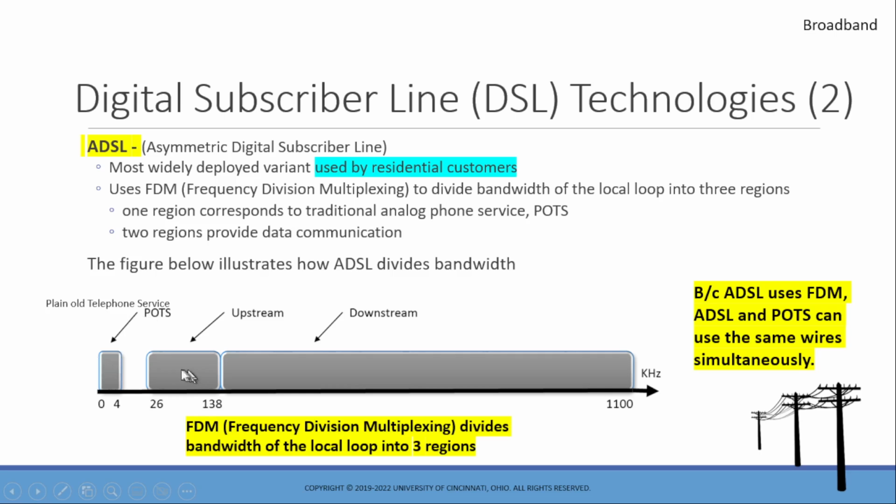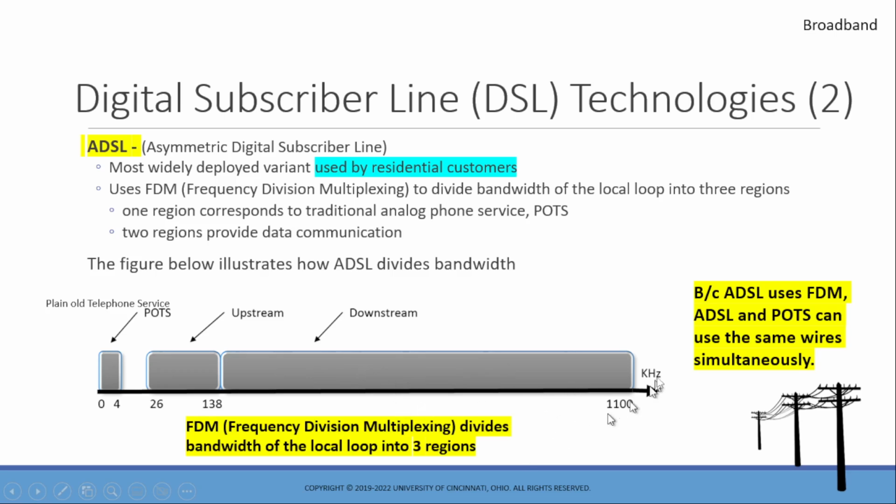Then there's another section for you uploading data. So sending an email or sending a URL or whatnot. Notice it's a little bigger than POTS, but it's not the biggest section. The largest section is reserved for downstreaming. So when you want to downstream your videos or your web pages or whatnot, that's what you need most of the line or space for.